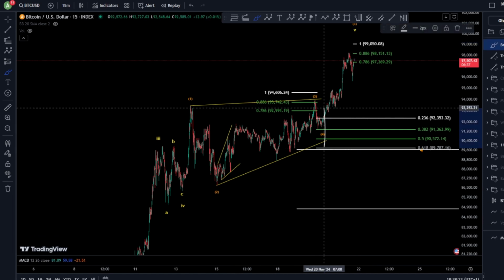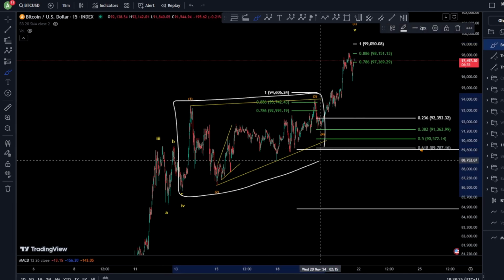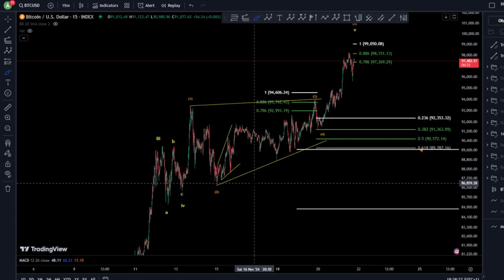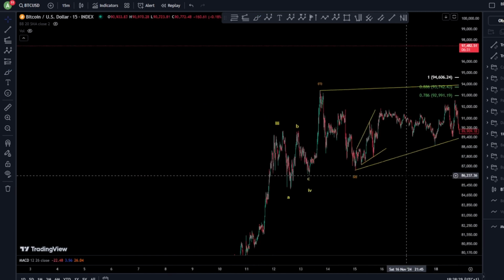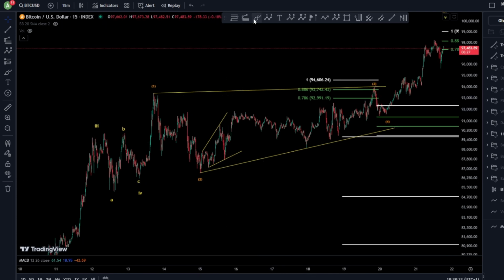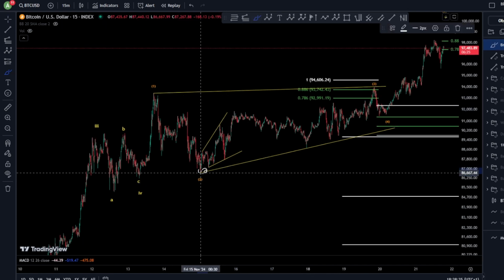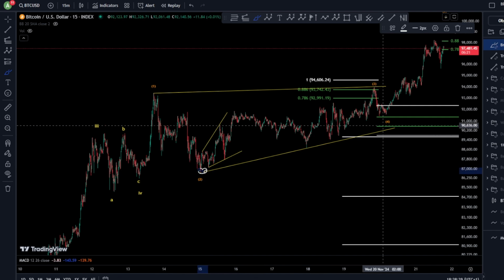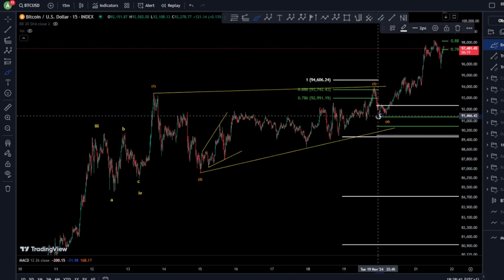It's gonna be very hard to consider this as impulsive, because the only way that it can be is we have to consider that our impulse has started then from here probably, or even it has started from here.